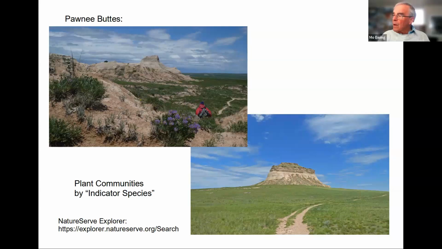Some of them are quite rare, so they identify plant communities, identify their rarity, and then try to conserve the ones that are rare. So the plant community here is the Western Great Plains shortgrass prairie.